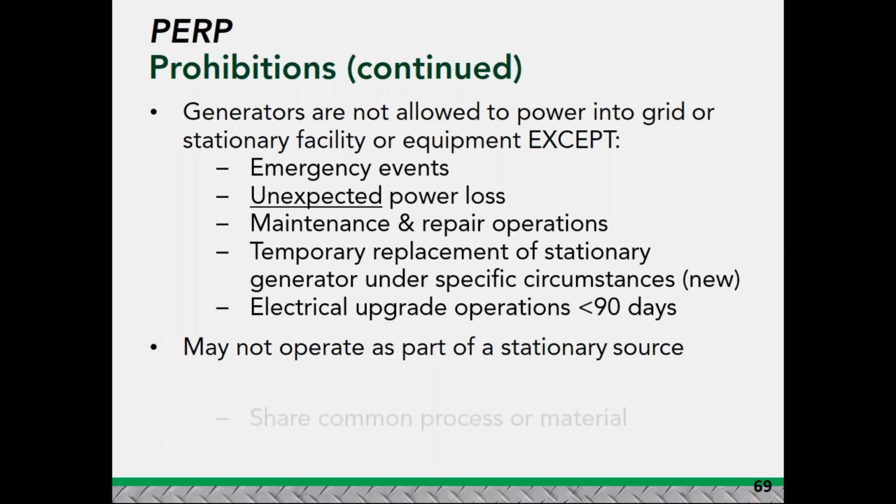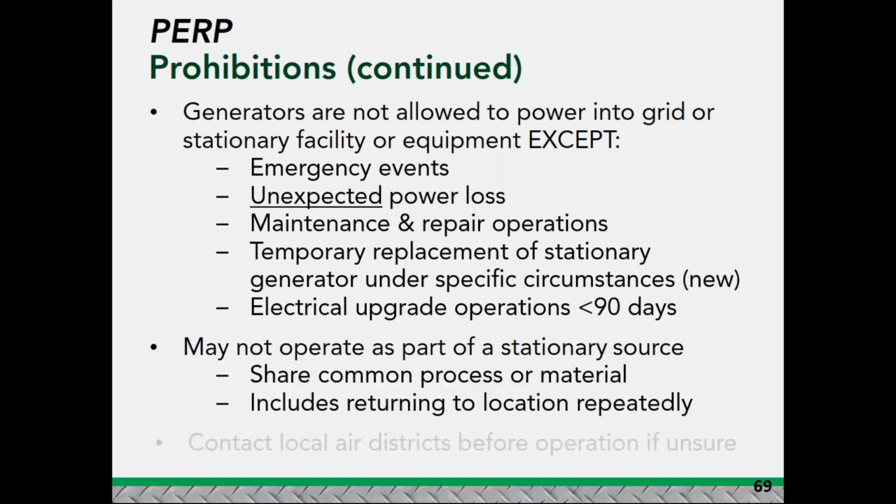State portable units may not be operated as part of a stationary source, at least not for any longer than a specified period of time. The general time limit on operating any portable device in the same location or as part of a stationary source is no more than 12 months or 365 days.